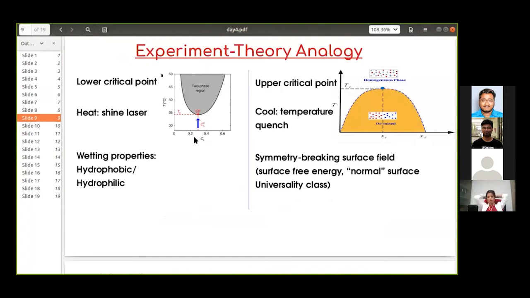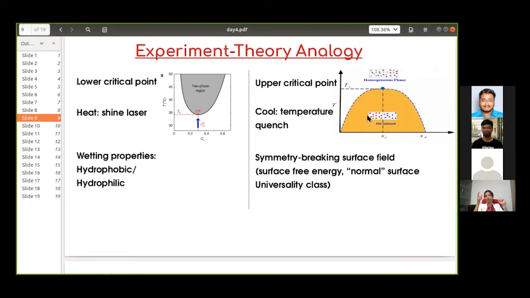Since we are now going to do some theoretical modeling, let me tell you what the basic analogy is between the experiment that you observe here and the modeling that we are going to do. First of all, one difference you should keep in mind is that in my earlier slides, where I was explaining the critical point, I talked about an upper critical point, where the binodal line was upright, which means that above the critical temperature the system is in the homogeneous phase, and below the critical temperature it's in the demixed state.